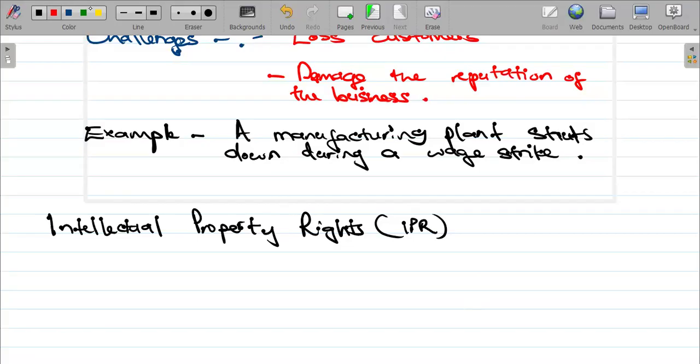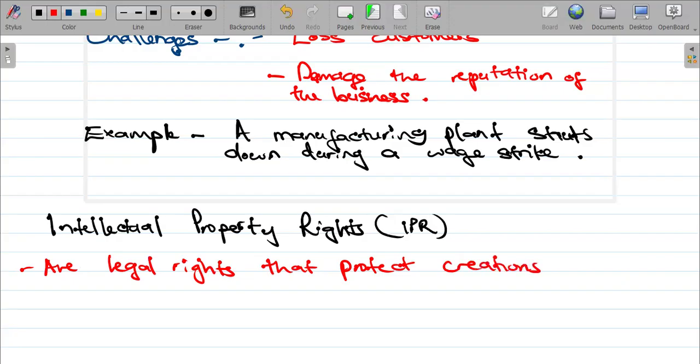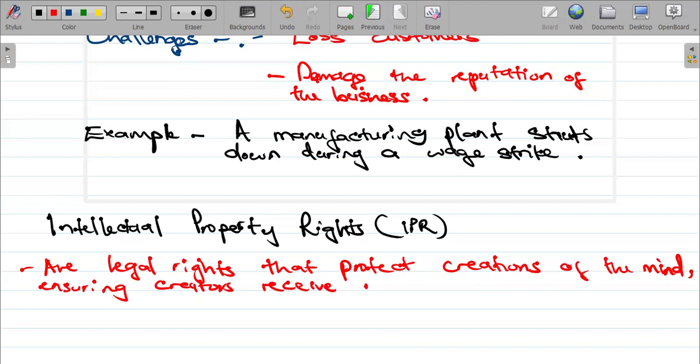So intellectual property rights are legal rights that protect creations of the mind, ensuring creators receive recognition and financial benefits from their creations.